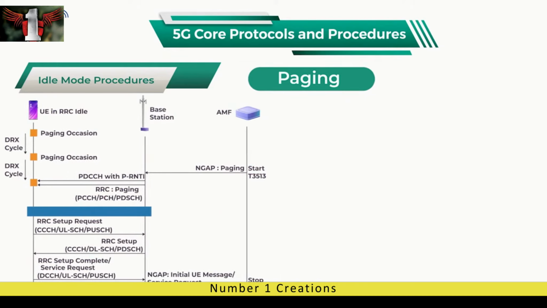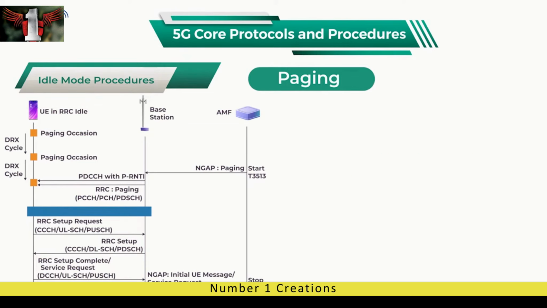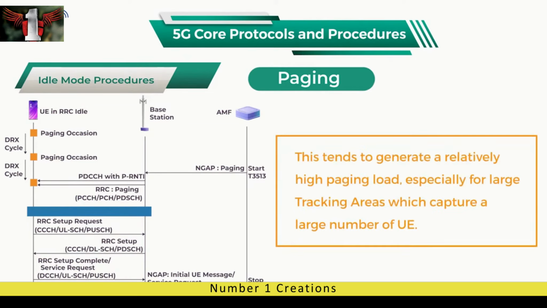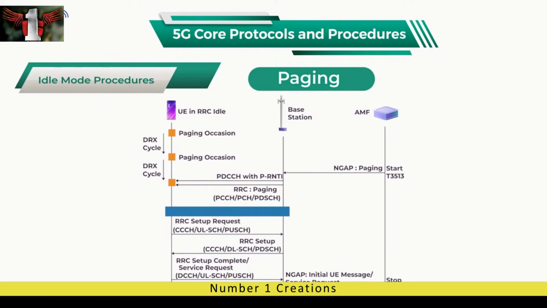In general, this means that paging messages must be broadcast by all base stations belonging to the registered tracking areas. This tends to generate a relatively high paging load, especially for large tracking areas which capture a large number of UE. Specific core network implementations may make certain assumptions regarding the UE location.